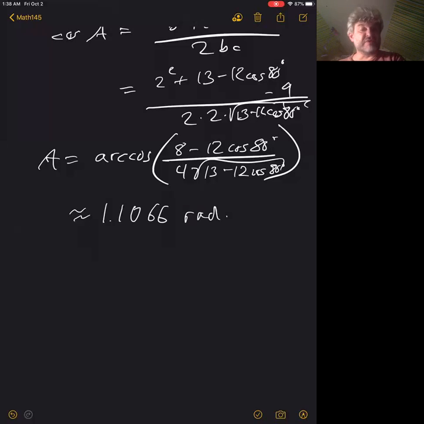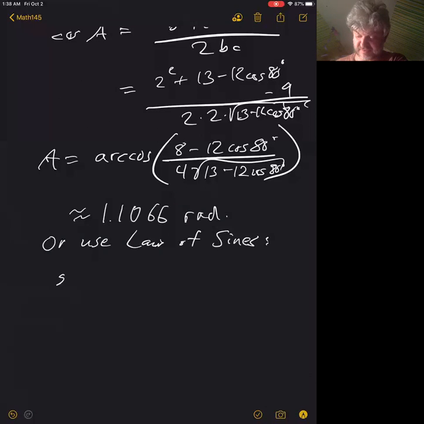Okay, we could also have used the law of sines to do the same thing. For the sake of exercise, let me show you how that would have worked.